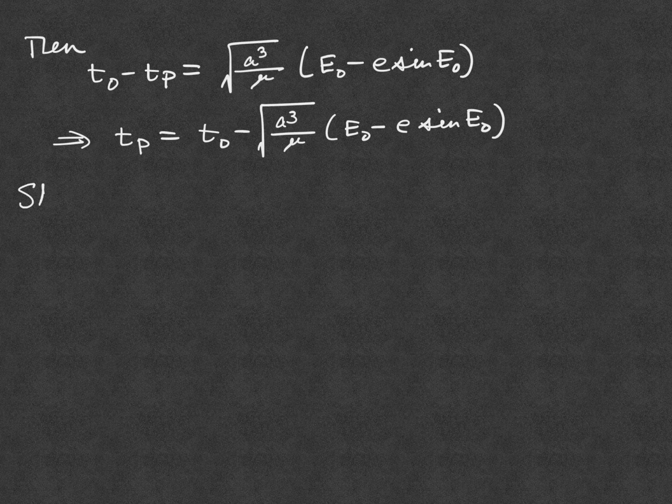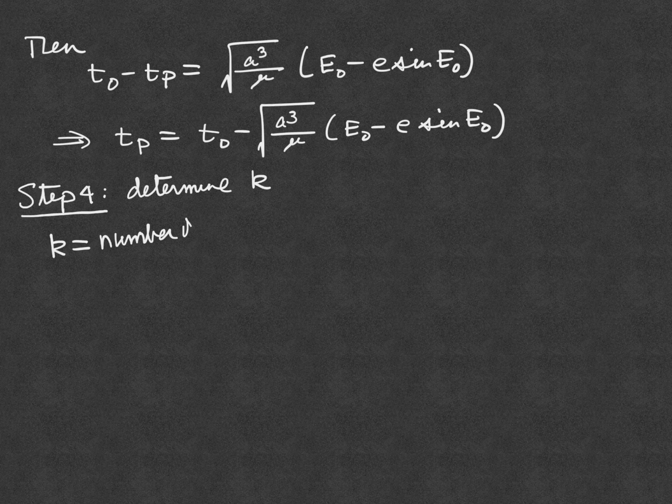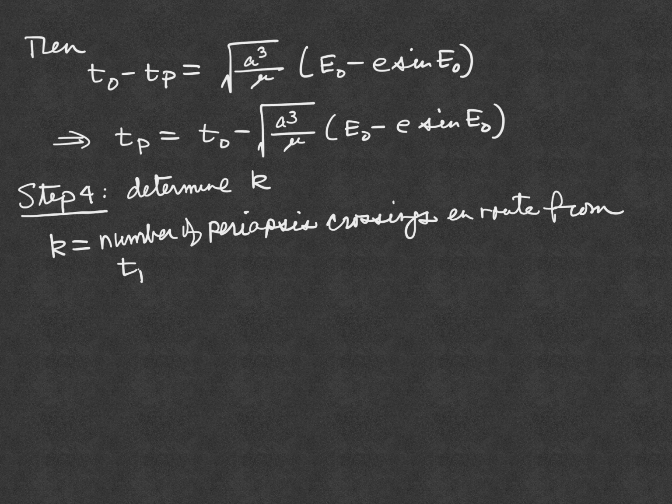Now the next step is to determine K. Now you'll remember from the derivation of Kepler's equation that K is equal to the number of periapsis crossings en route from Tp to T. Now, in order to be able to compute that, we first need to compute the orbital period.